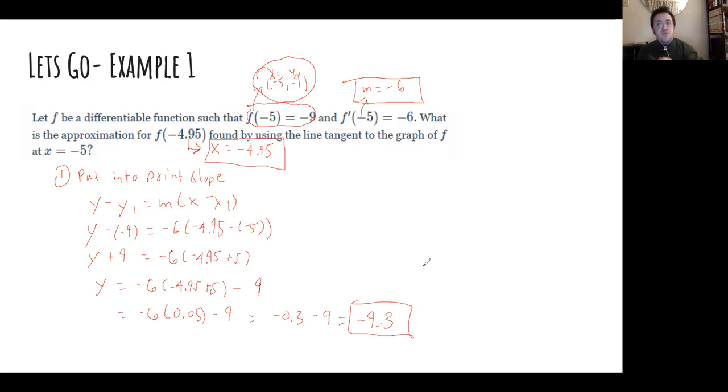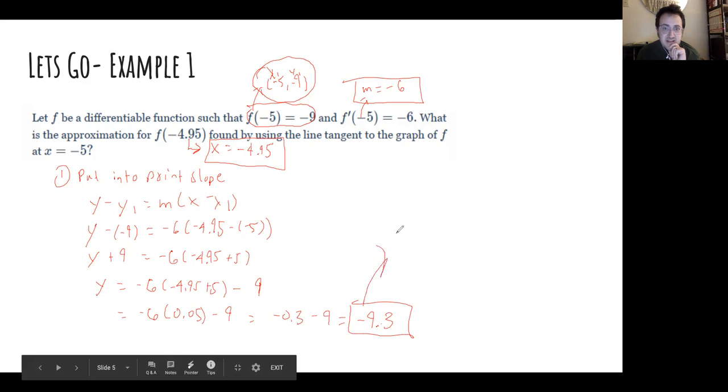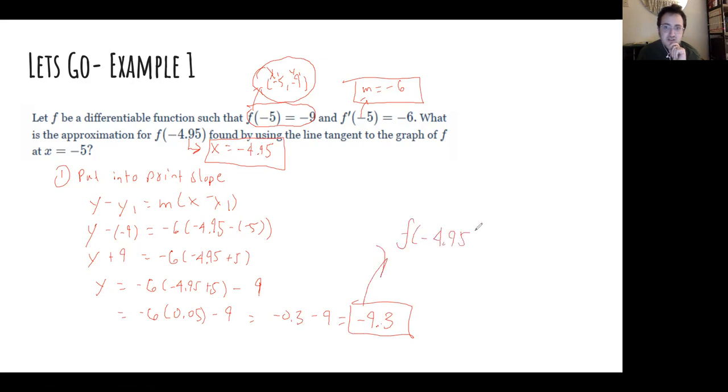It will be this level of question, and you will end at a number. So what this means is that f of -4.95 is not exactly -9.3, but approximately -9.3. So it's not the exact y value, but it's pretty darn close.